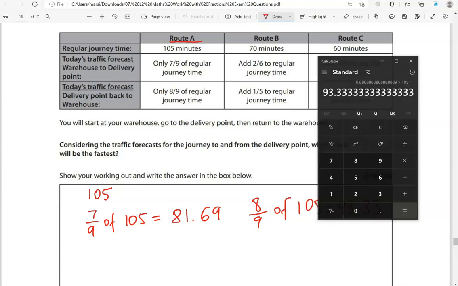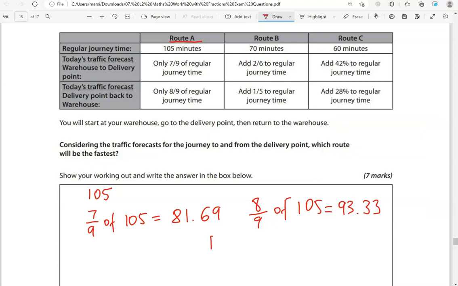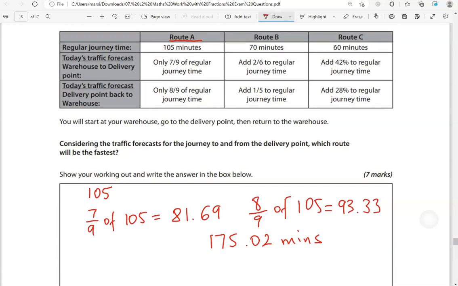So all together 93.33 and 81.69 gives us 175.02 minutes. Looking at route B, 70 minutes.